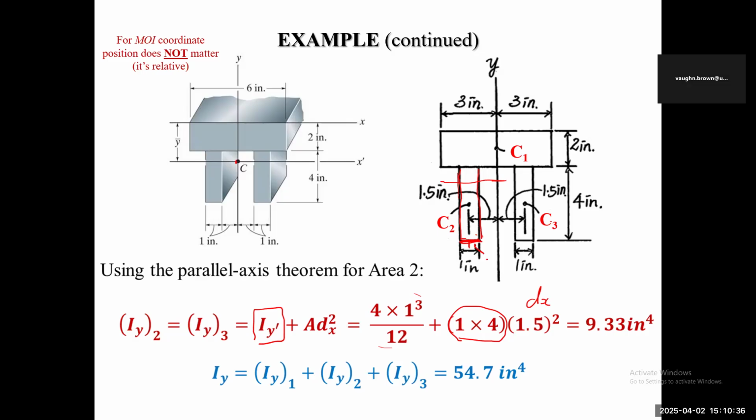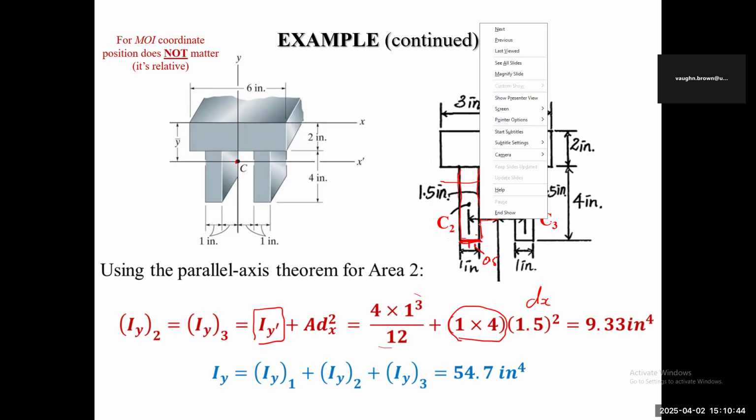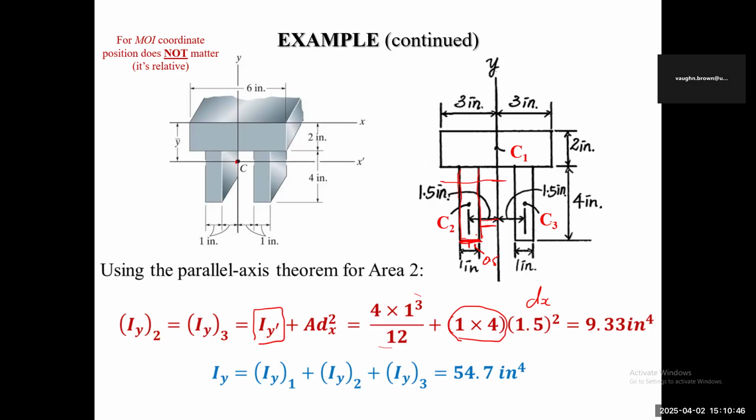So this little distance represents 0.5. Then the distance from the y-axis to this part of the figure is 1. See here? So this is 1. So it's 1 plus 0.5. This now becomes your dx. So it's from the center of the figure to your y that gives you your dx, right?